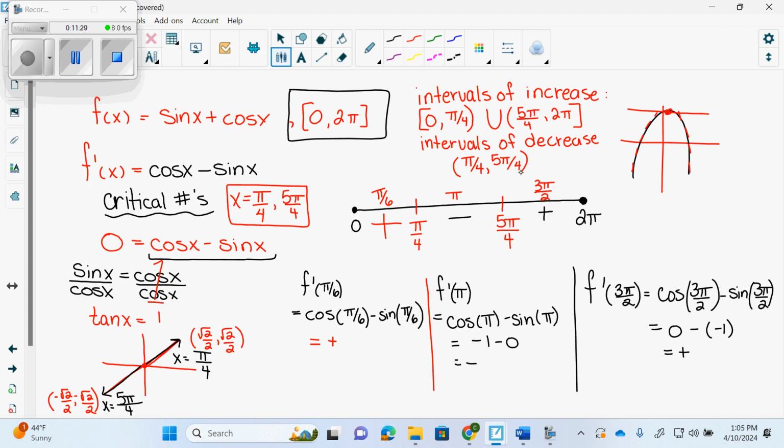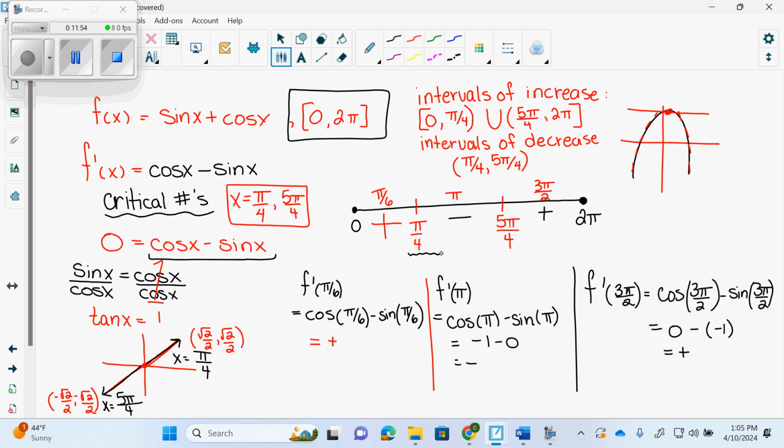Is it decreasing at those values? No, those values are max, mins or points of inflection, correct? All right. So pi over 4 is either a max or a min or a point of inflection. It could be an asymptote, but because this doesn't have any NPDs, it's not an asymptote. So it's max, min, or a point of inflection.